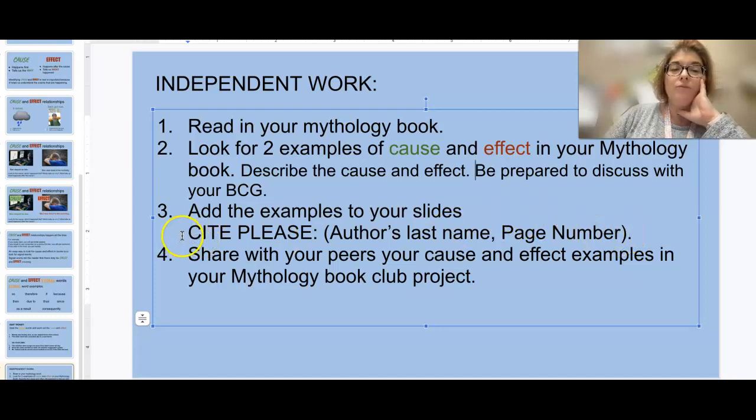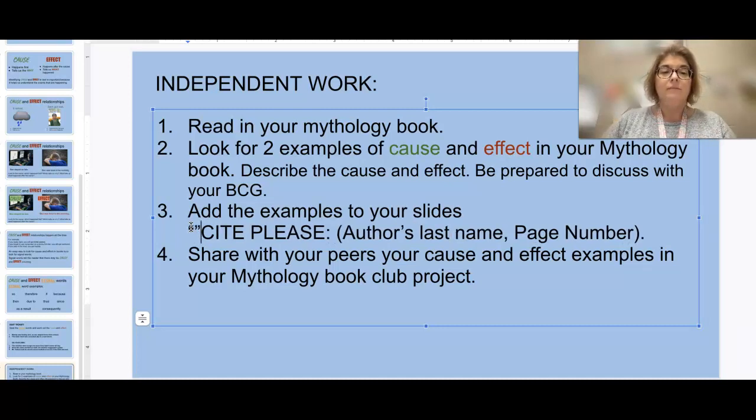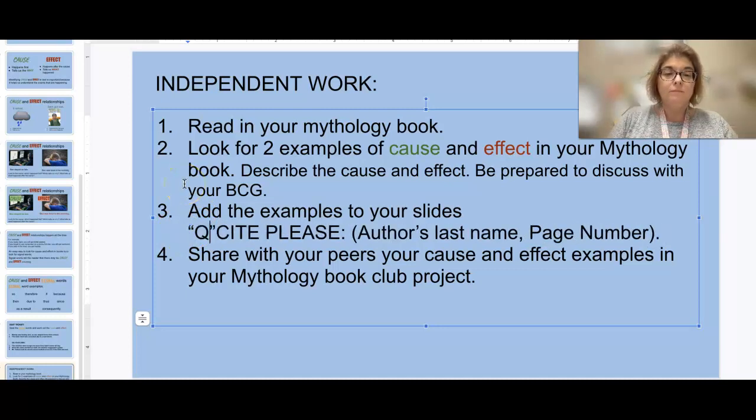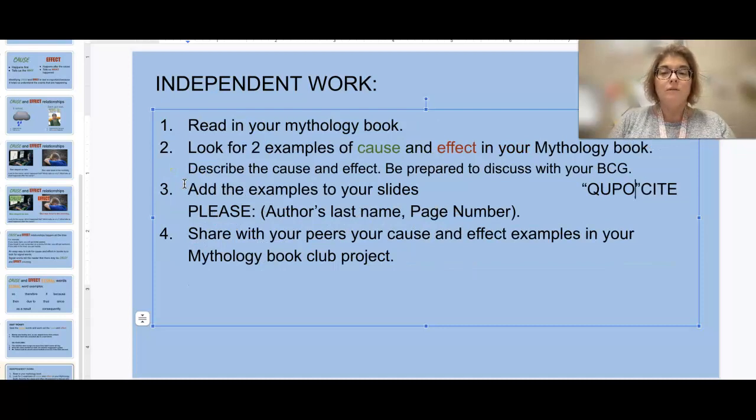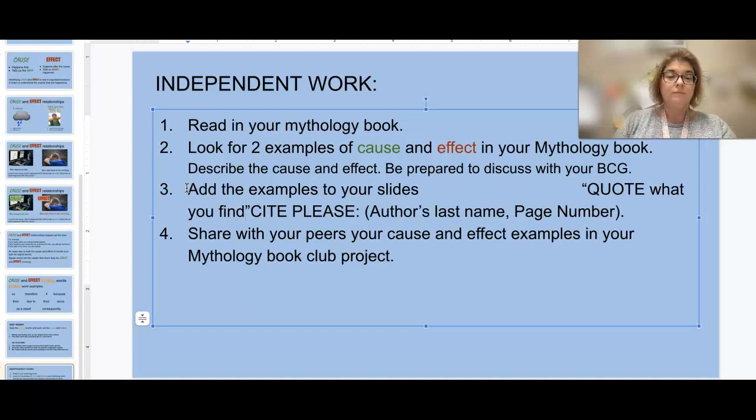Okay? Quote the quote. Quotation marks. Quote what you find and cite.